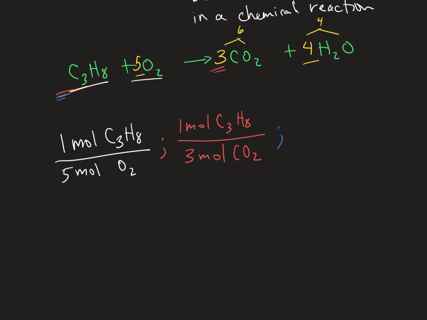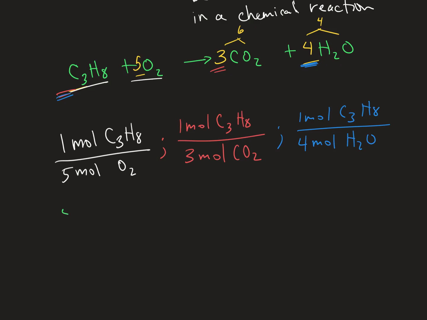And again, for every 1 mole of C3H8, we get how many moles of water, guys? 4. That's the coefficient in front of water. And then we have the flip version of those. So that's 6 total, yeah? That means we have 6 more.